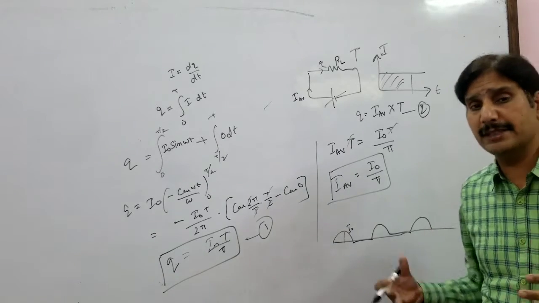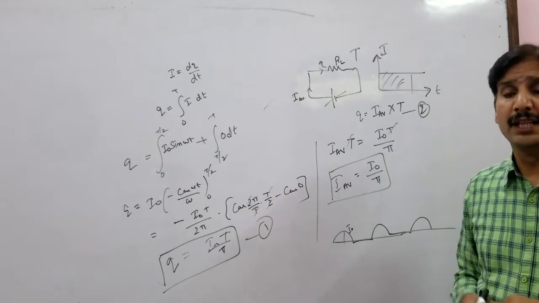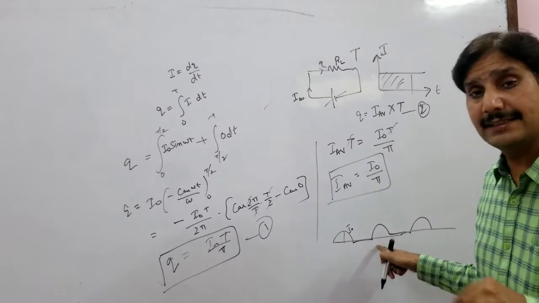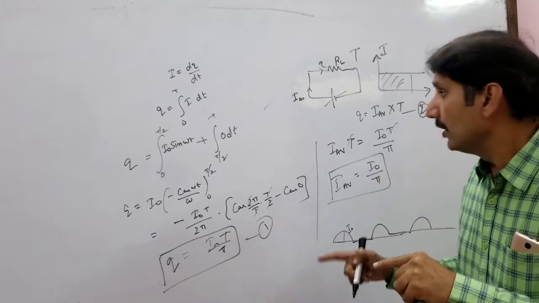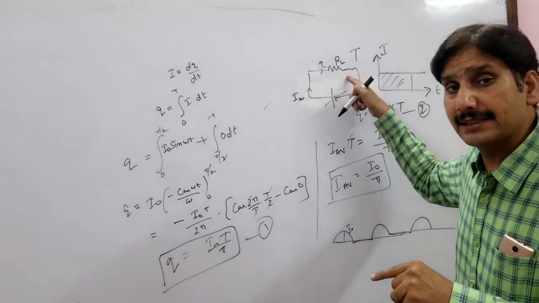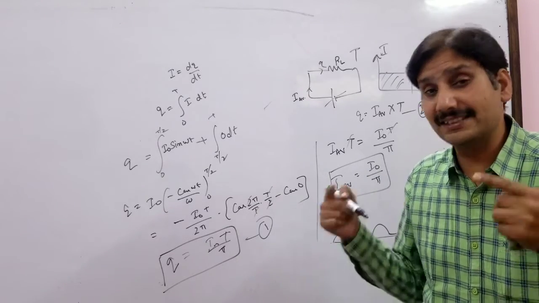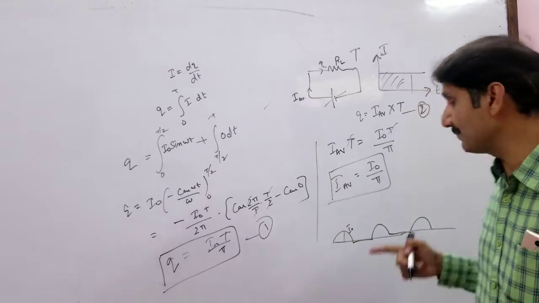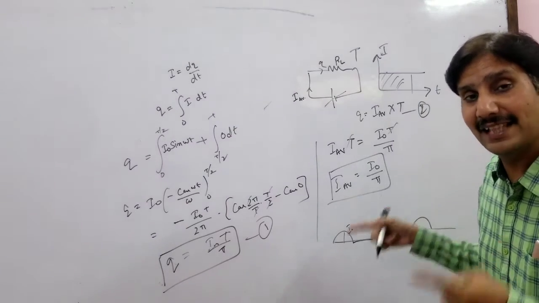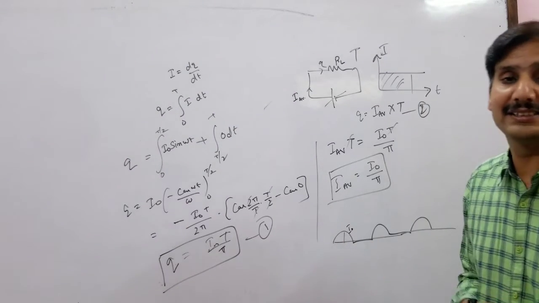How is the RMS value of the signal defined? RMS value of the signal is defined as that much direct current which will produce in a given resistor the same amount of heat as is produced by this signal in the same time in the same resistor.